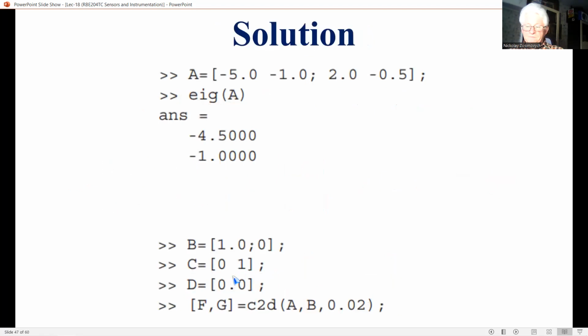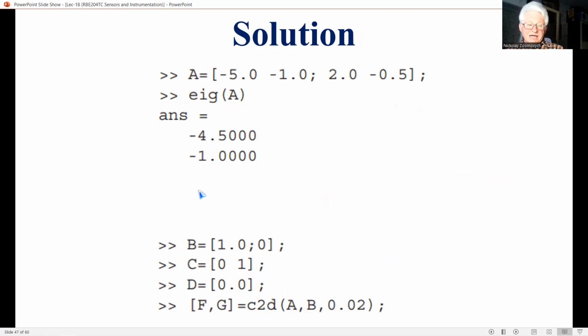First, we use MATLAB to determine the eigenvalues of the system, as you may see at the upper corner. Very simple. It is seen that the system is stable because both eigenvalues are negative. Also, the units of eigenvalues are frequency.